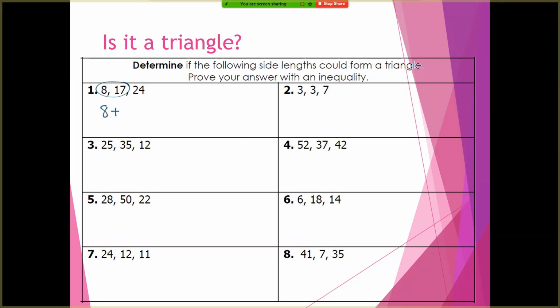Is 8 plus 17 greater than 20? So you get 25 is greater than 24, which is true.